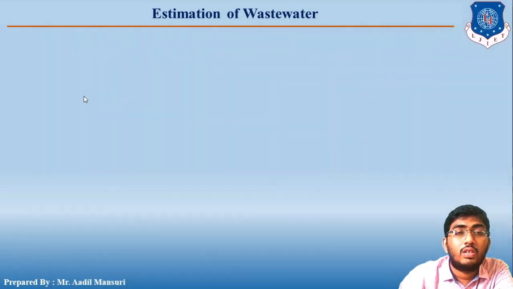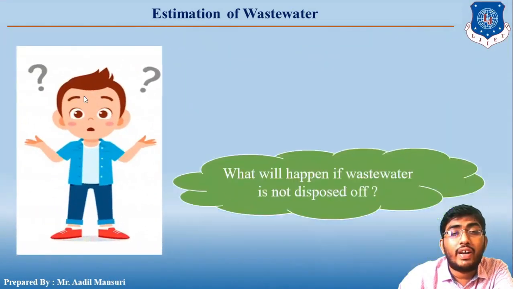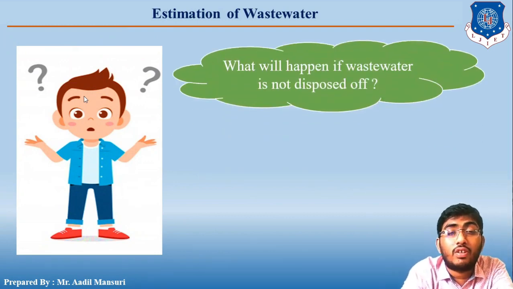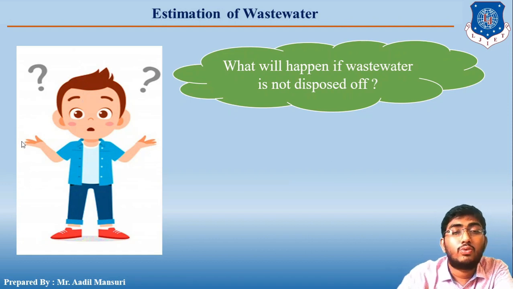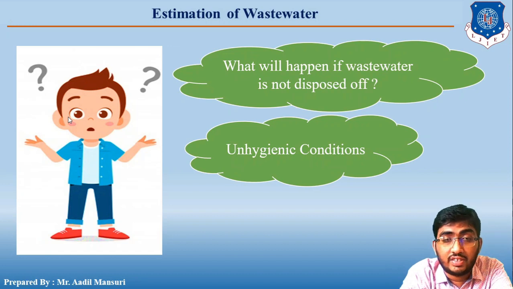Okay, so let us now move ahead. Now you might have the question, what will happen if wastewater is not disposed of? You very well know that if the wastewater is not disposed of properly, then some unhygienic conditions will arise.